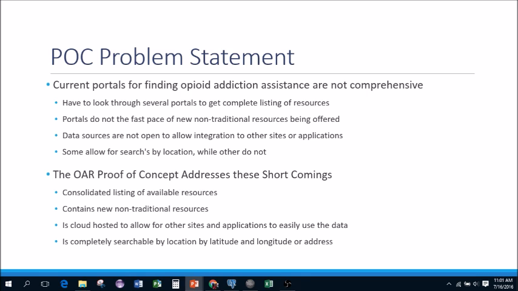You can also filter for certain types of what I've called providers. A provider is either a medical doctor, a psychologist that specializes in addiction, medical centers, rehab clinics, and some of the other non-traditionals that I mentioned earlier.